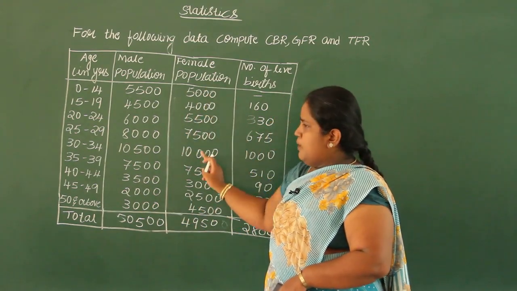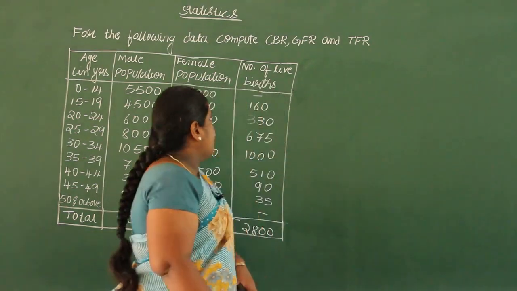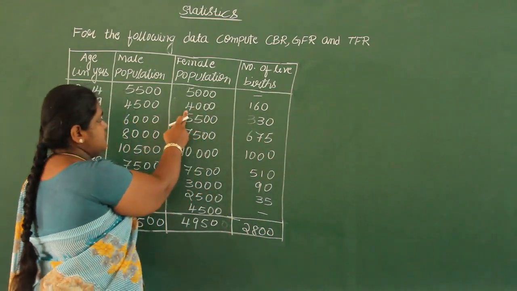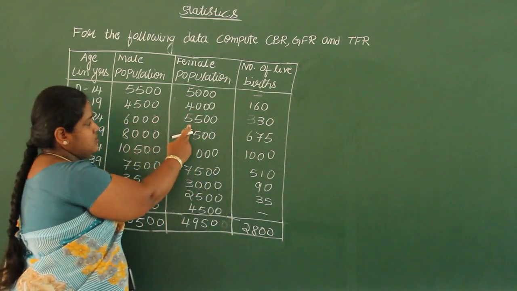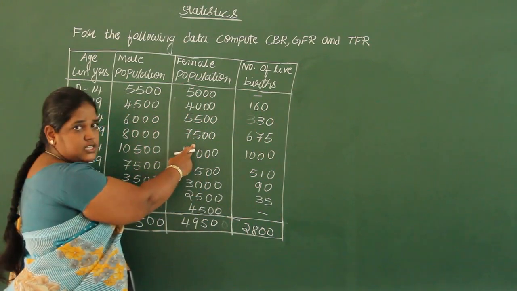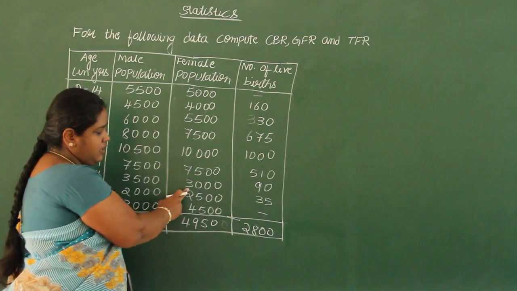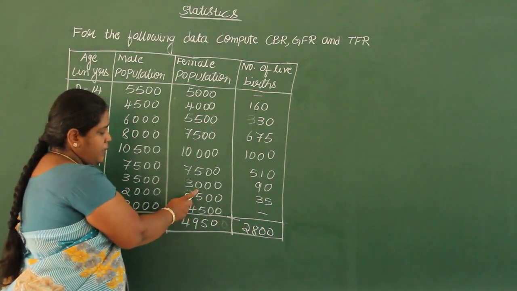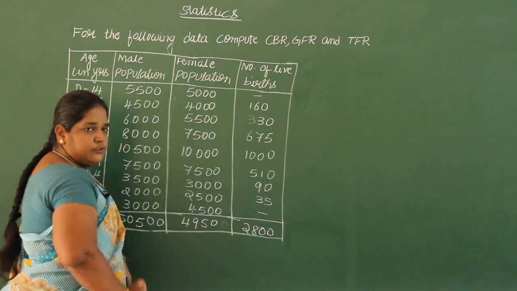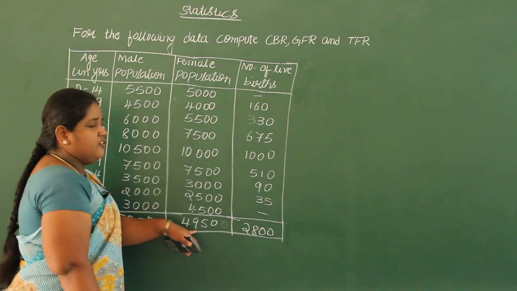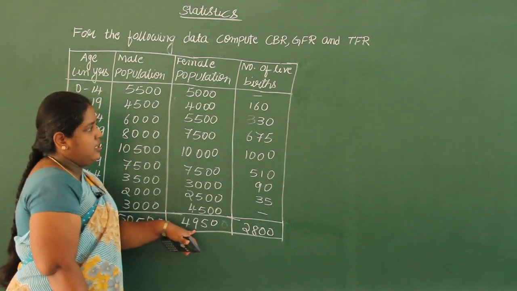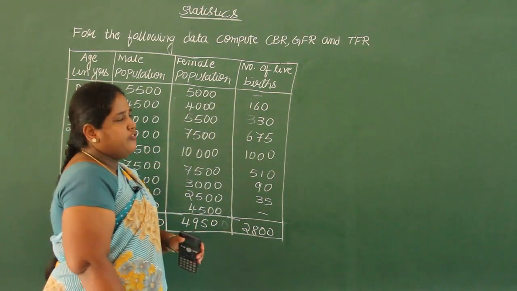Similarly, add the female population values. It is 5,000 plus 4,000 plus 5,500 plus 7,500 plus 10,000 plus 7,500 plus 3,000 plus 2,500 plus 4,500. So we'll get 49,500.